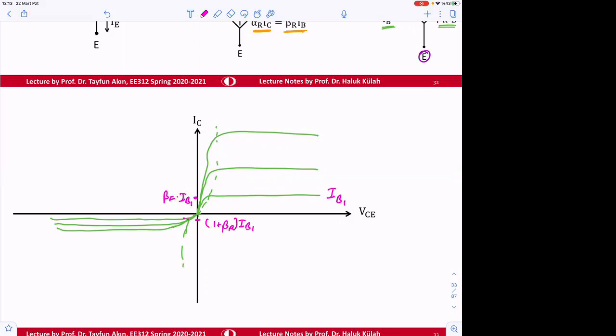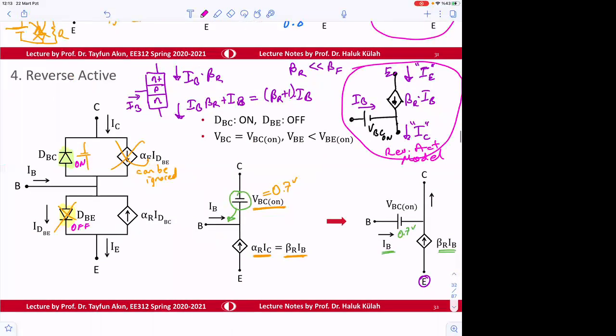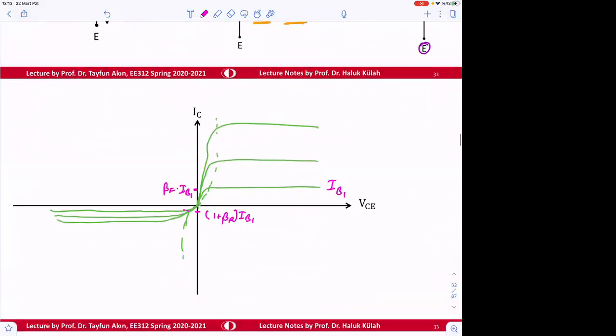The collector current here is going to be in the other direction, so it's a minus sign. Maybe I should put minus here, because the direction is the other way around. Okay. Let me do it again. Is that okay?